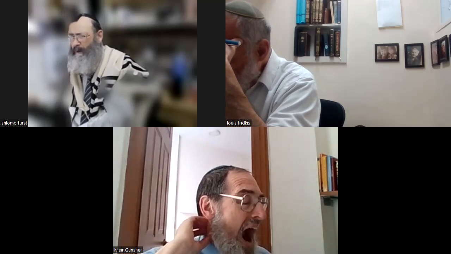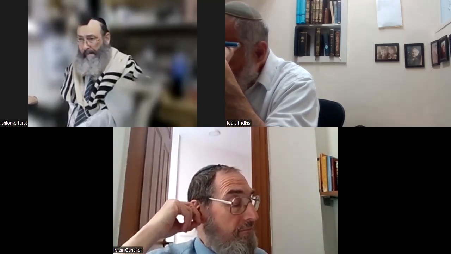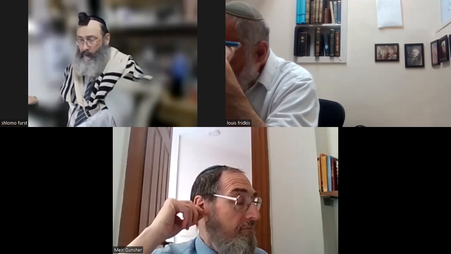Kevan shelo asa shum maaseh begag l'shem asi as sukkah l'tzel. Since he didn't make anything from the roof for the sake of making the sukkah for the shade.